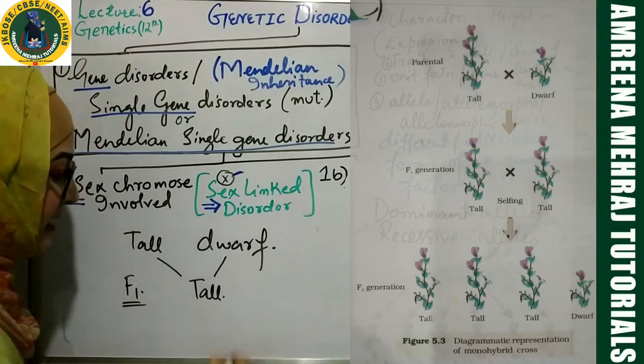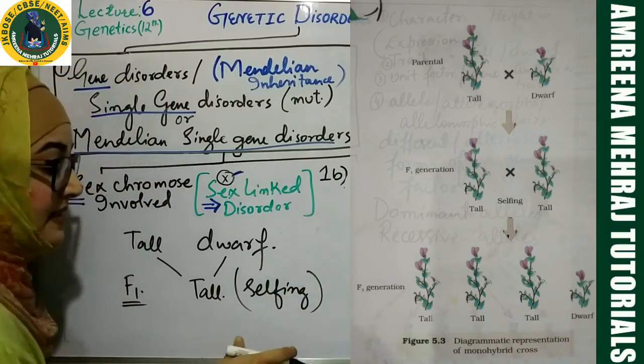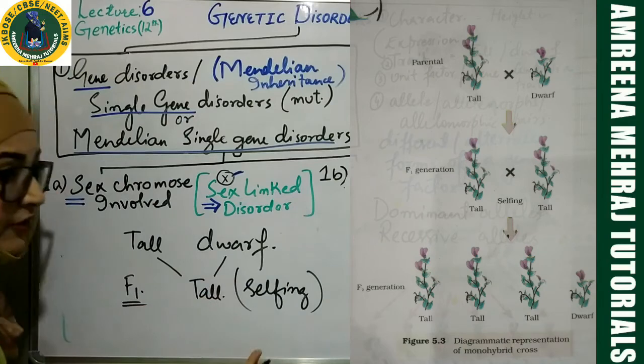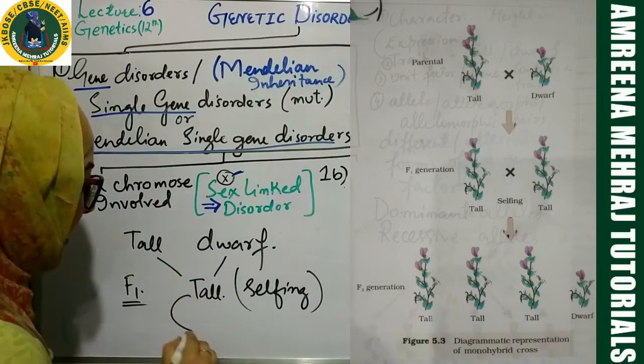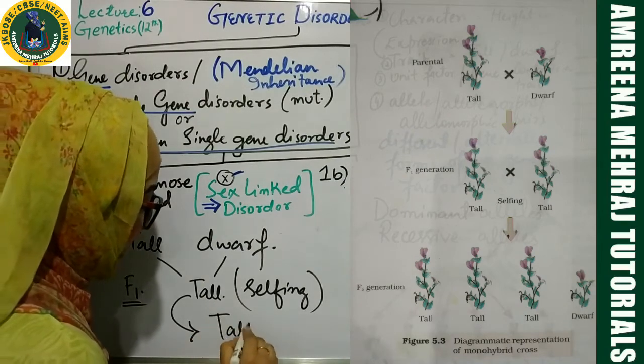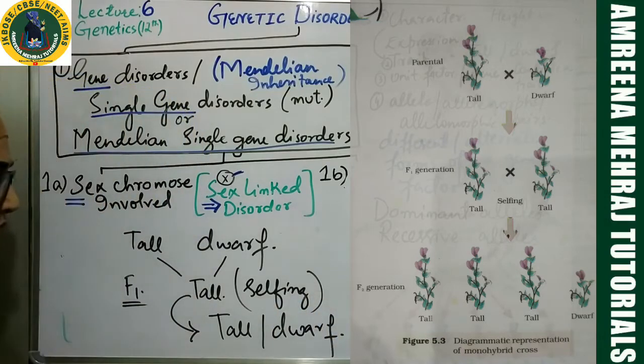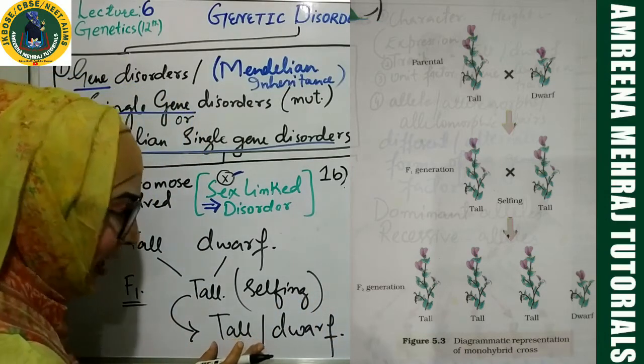But once Mendel did selfing of this tall, he was fascinated, because he earlier thought he would get all the progeny tall. But he got tall as well as dwarf. I don't want to go to the 3:1 ratios and all.